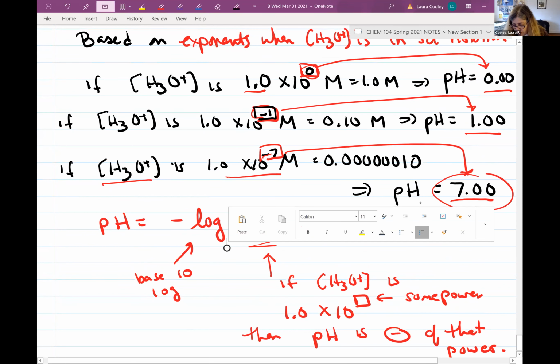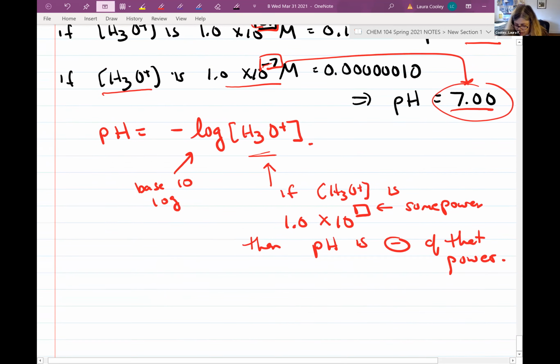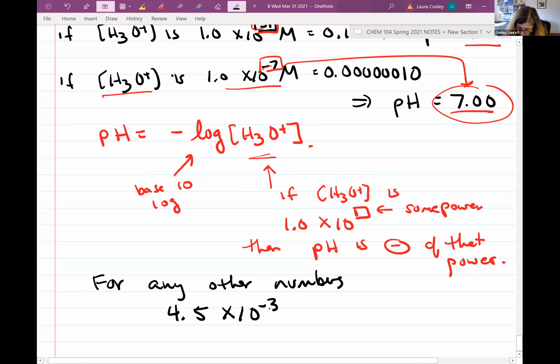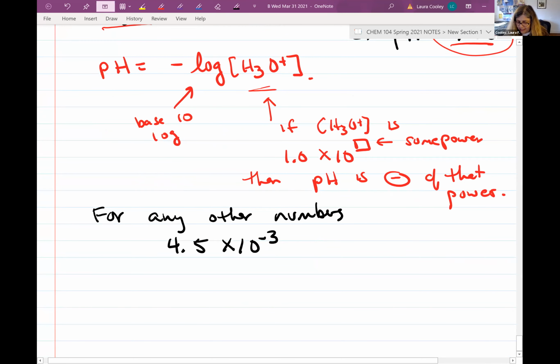All right, so you might justifiably ask the question, what if you don't have a number that starts with 1? Okay. Well, to take care of that, you have to use your calculator. All right. For any other numbers, so let's say you have 4.5 times 10 to the negative 3rd. Okay. You have to use your calculator.